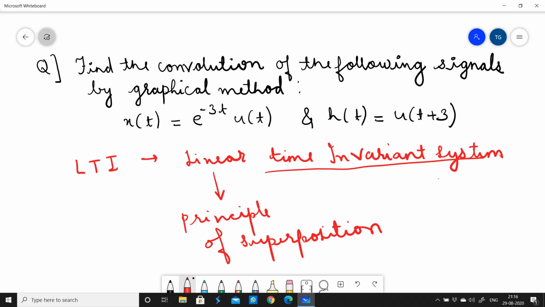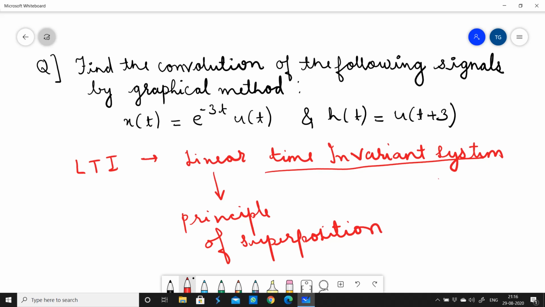So the time is neither getting delayed nor getting advanced with respect to my input signal. So it is time invariant. The output time is not varying, it is invariant.